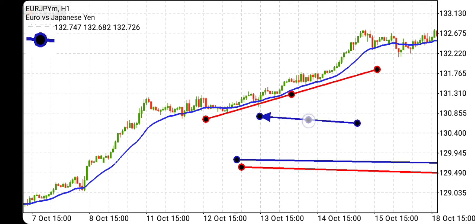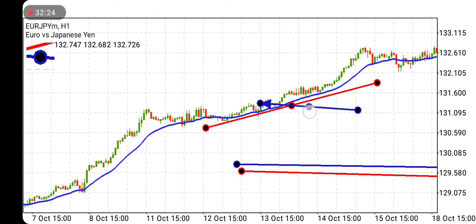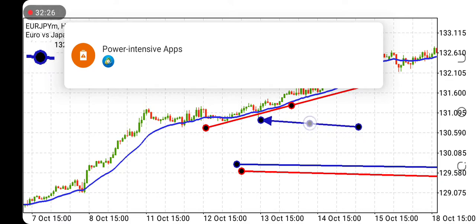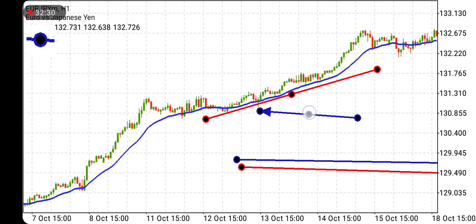The hammer has formed, and the hammer is a candle where the market was in the hands of the sellers, and then it has been rejected heavily by the buyers. That's why they were able to take it up. Are you getting it?